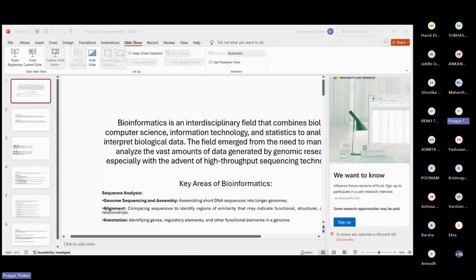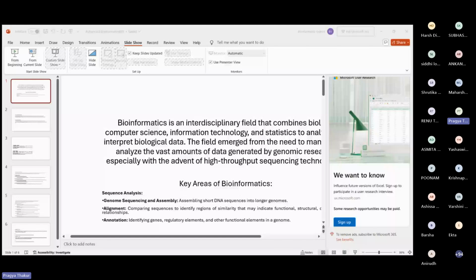You will ask, ma'am, what is this high throughput sequencing technology? Any technology which utilizes sequencing. Any organism, suppose the human body, has many sequences: many genes, proteins, and small molecules, and all of that has to be analyzed.